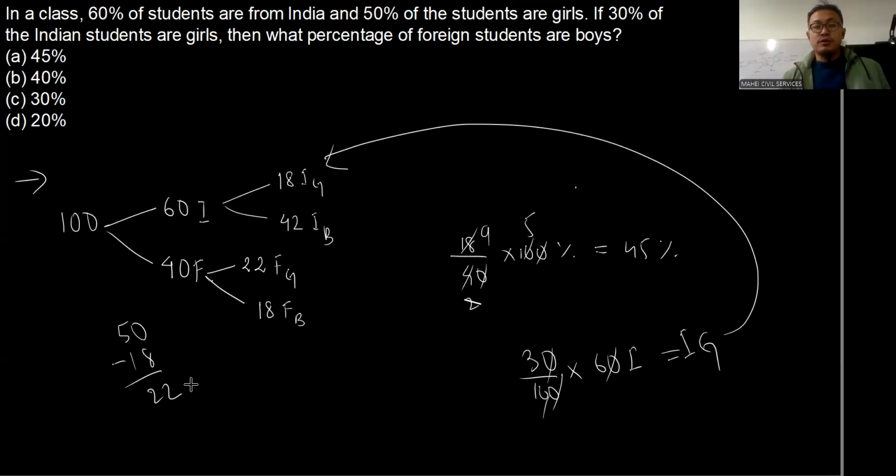That should be foreigner girls, the girls from not India, from foreign. This is the total girls and this is the Indian girls.